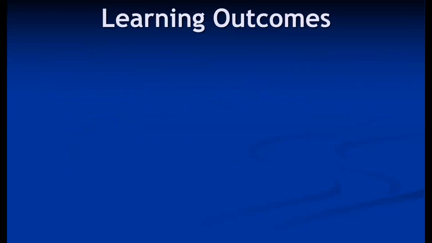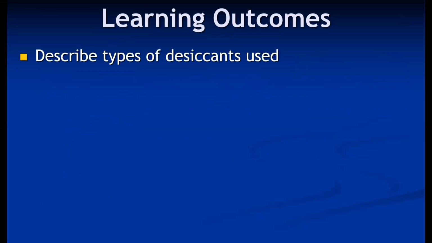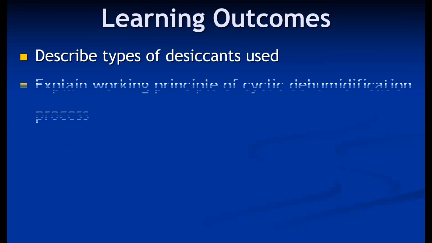So that's it. At the end of this particular topic, you should be able to describe different types of desiccants, mainly liquid desiccants and solid desiccants. So 2 types of liquid desiccants and 4 types of solid desiccants we have seen.